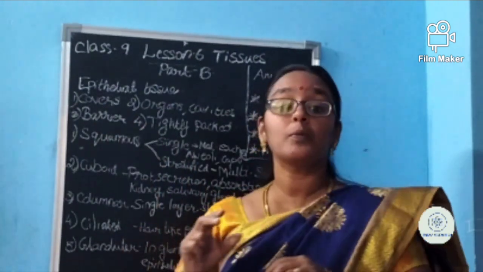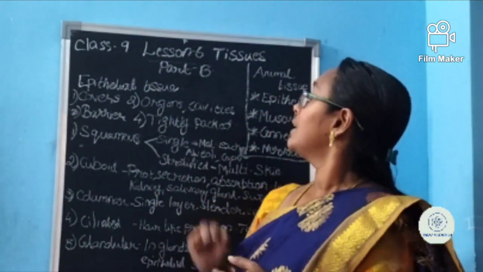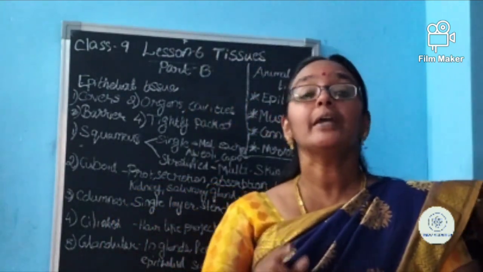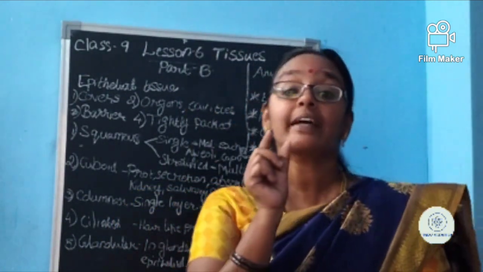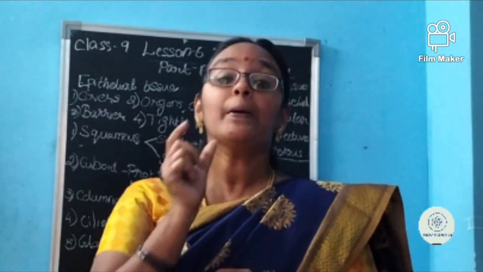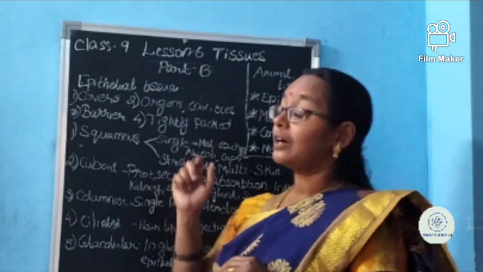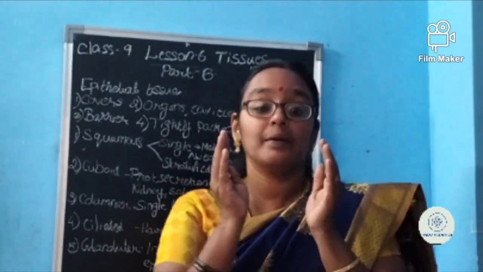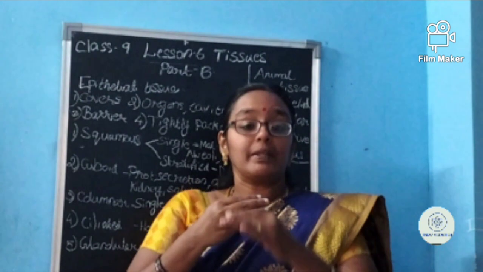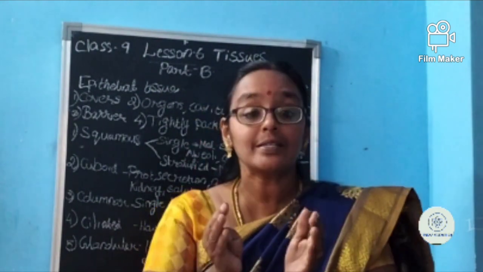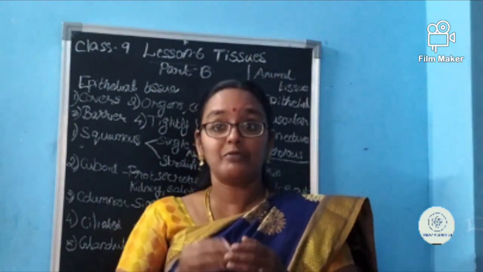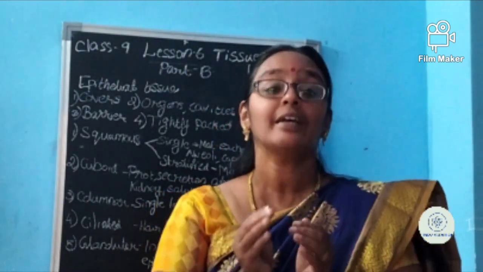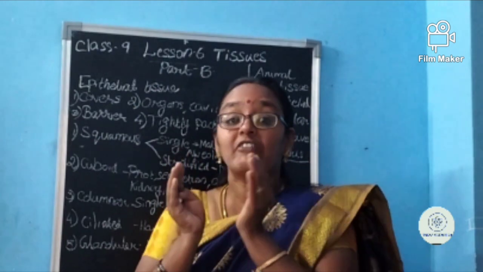Epithelial tissue covers almost every part of the animal. The second point is, not only the outer covering but also individual organs and even the cavities will be covered by what? By this epithelial tissue. The third one is it acts as a barrier between a particular organ and the other organs, or a particular organ system and the other organ systems. It acts as a protecting layer of each and every organ.